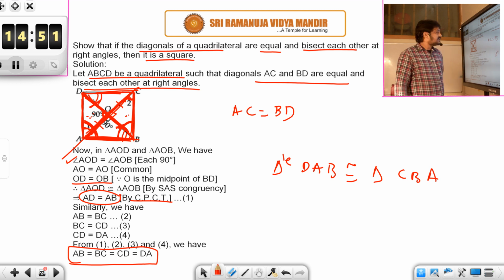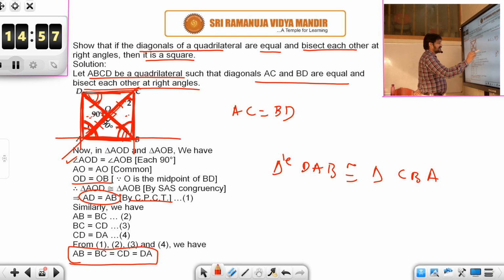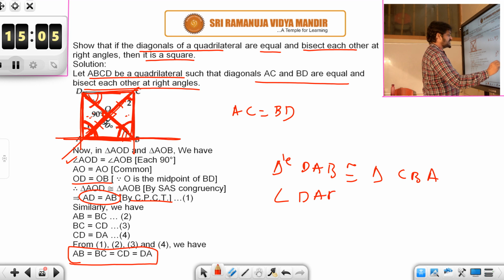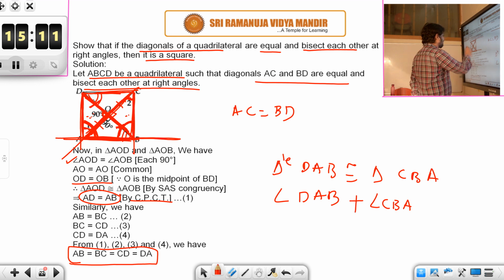But if you consider DA and CB, they are parallel lines, and AB as a transversal, these two form co-interior angles. Angle DAB and angle CBA are nothing but co-interior angles, right?